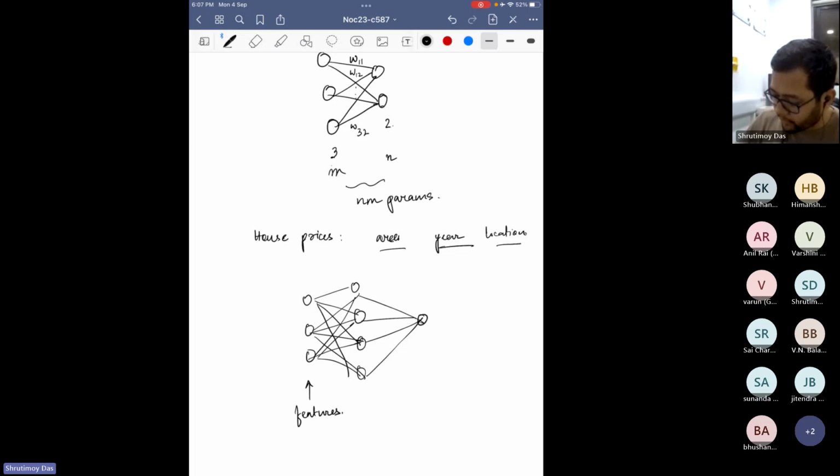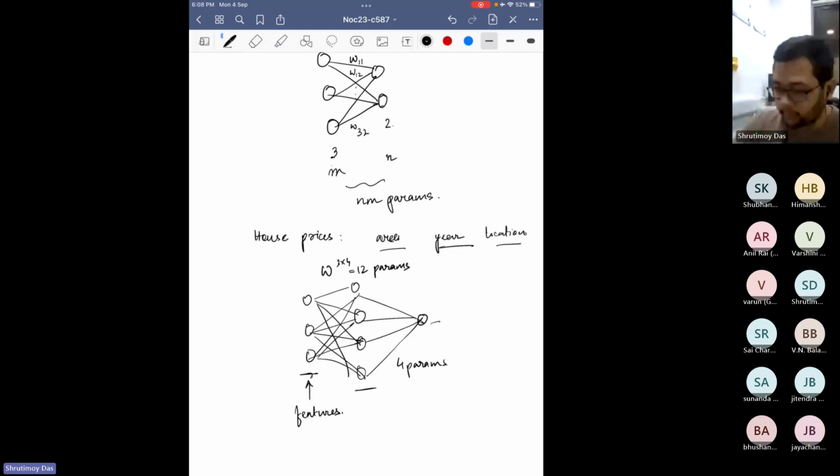The number of parameters: there are 3 here and 4 here, so you have 3 by 4, or 12 parameters here, and here again you have 4 parameters. So the first layer of the neural network is the features, these are the hidden layers, and this is the output layer. The number of neurons in the hidden layer are not features.